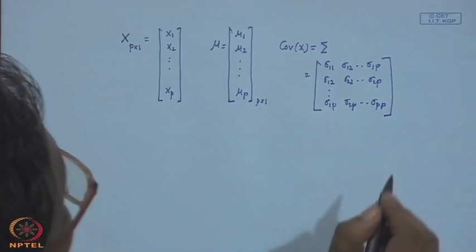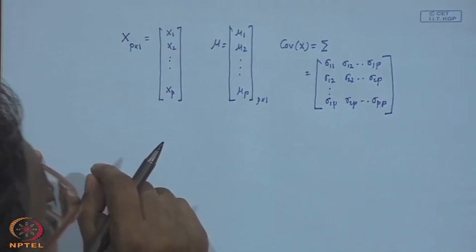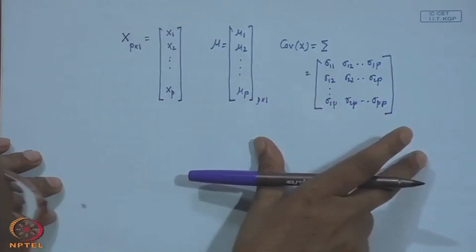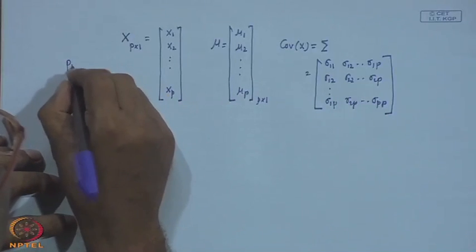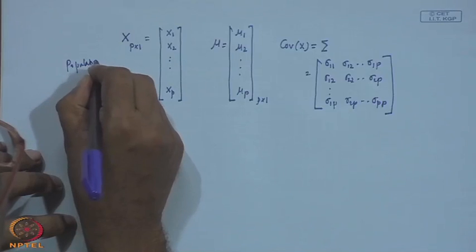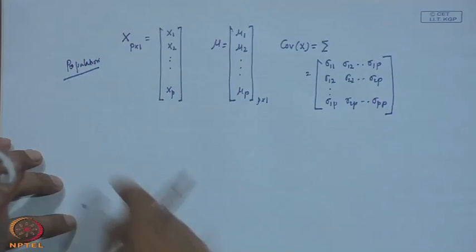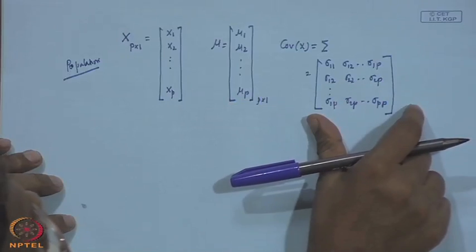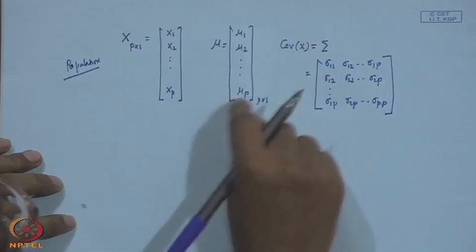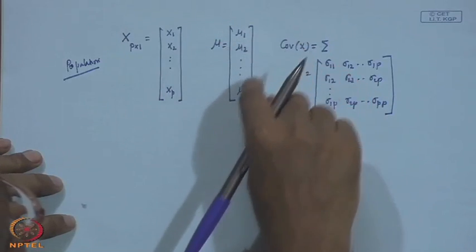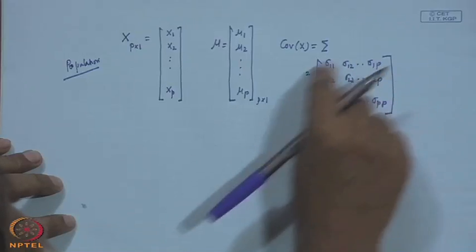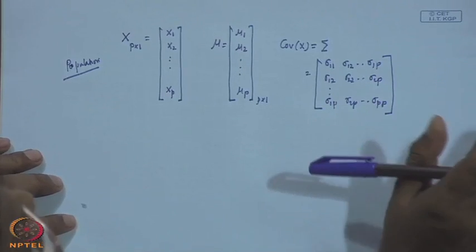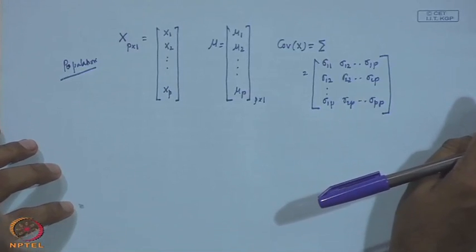So, this is what is known about the population. That means there are p variables, p mean vector, p cross p covariance matrix. The means mu 1 to mu p and sigma values are usually not known from the population point of view.